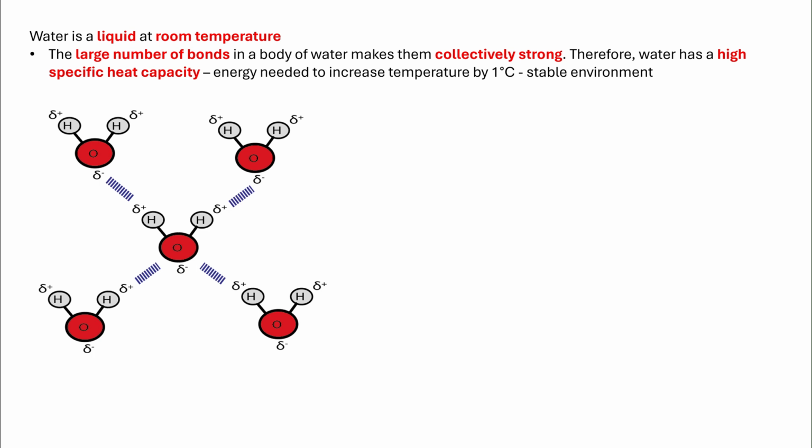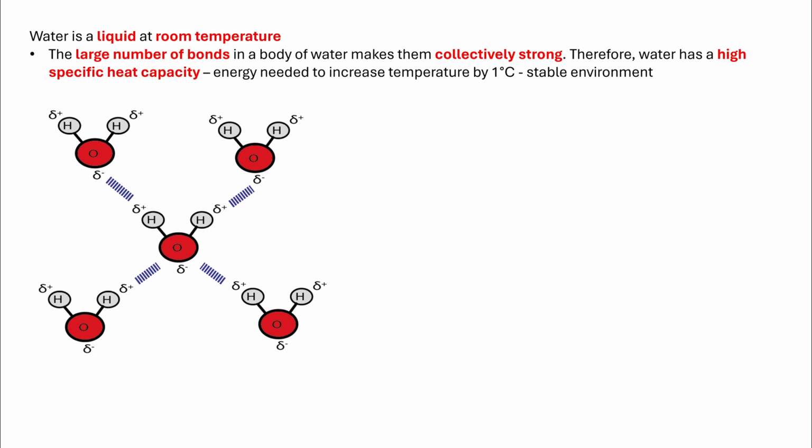Water is normally liquid at room temperature, and because there are a large number of bonds, we say that water is collectively strong. That body of water, if we're looking at the ocean or a pot of water, because there are a large number of these hydrogen bonds, is collectively strong.